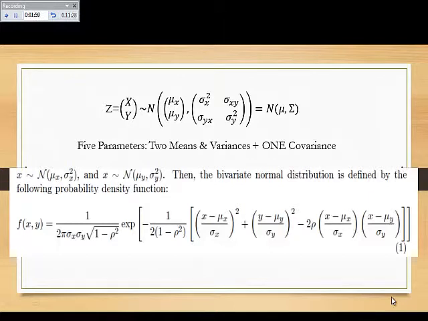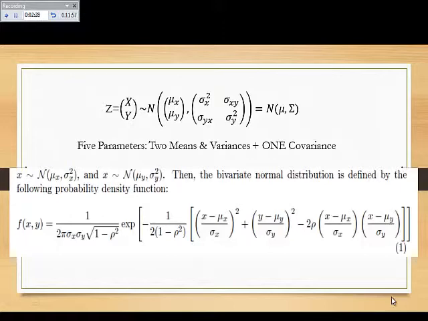So the formal definition of the density is given here in this equation. f of xy is 1 over 2 pi sigma x sigma y times the square root of 1 minus rho squared times the exponent of something complicated, but we will analyze this later and see that it's not so complicated.